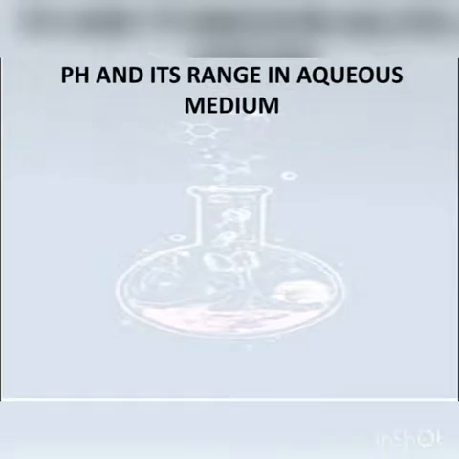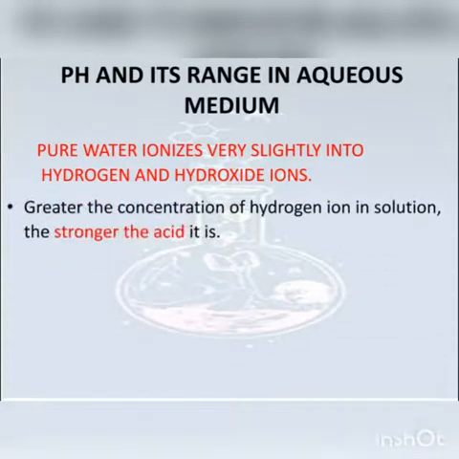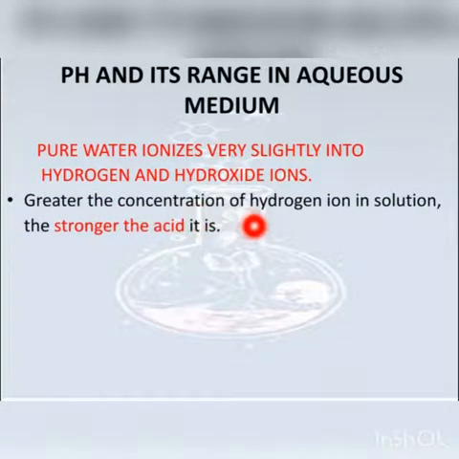Okay, pH and its range in aqueous medium. First of all, pure water ionizes very slightly into hydrogen and hydroxide ions. These two ions are produced by ionization of the pure water. Secondly, the greater the concentration of hydrogen ions in the solution, the stronger the acid it is.